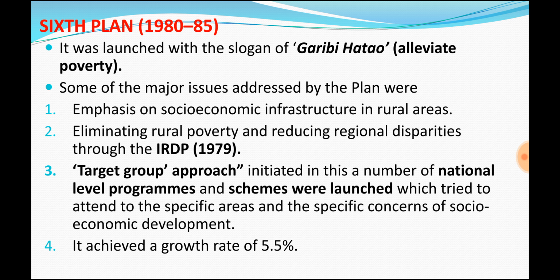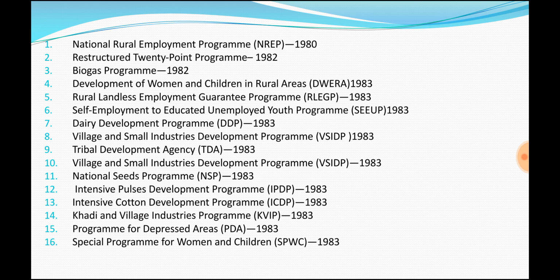So this sixth plan again gave importance to creating infrastructure and reducing poverty. It achieved a good target of 5.5%, and it also came up with a number of welfare schemes during this time, starting from the National Rural Employment Program, plenty of that.